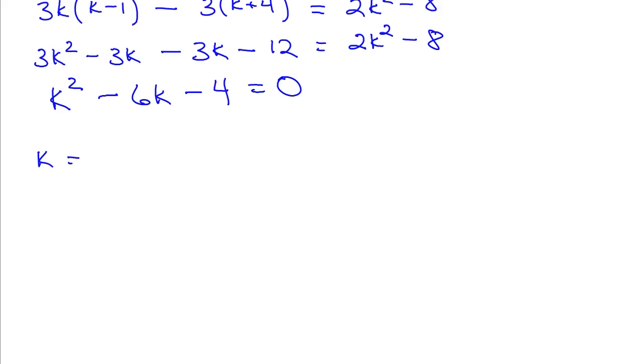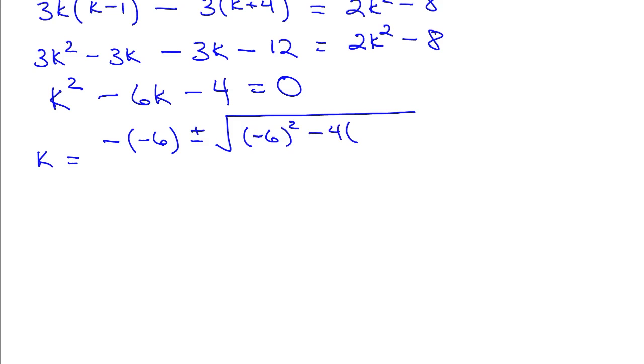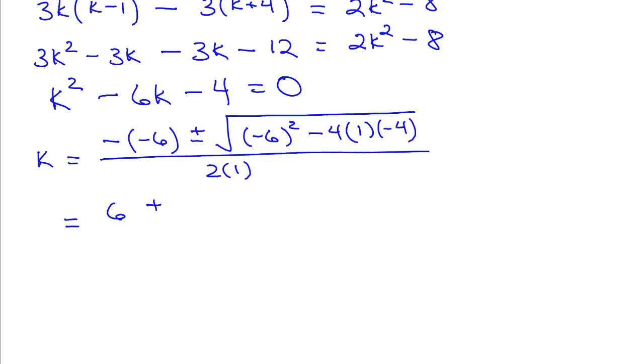So we get k is equal to negative 6 plus or minus the square root of negative 6 squared minus 4 times 1 times negative 4 over 2 times 1. Simplify. Negative 6 is positive 6. Plus or minus. Negative 6 squared is 36.